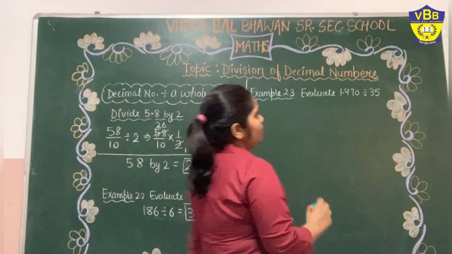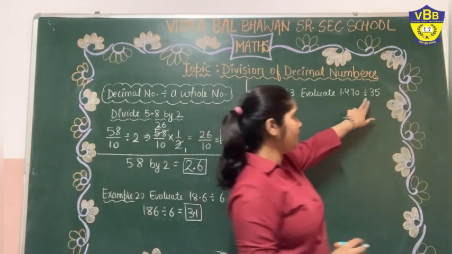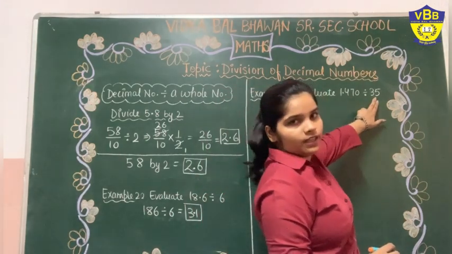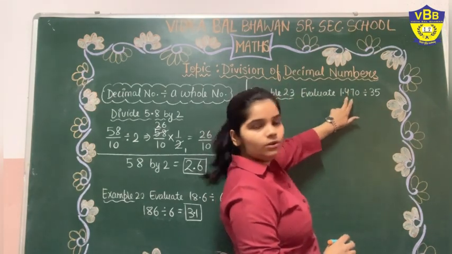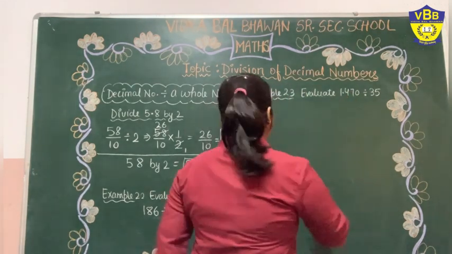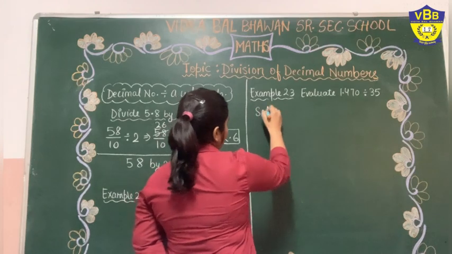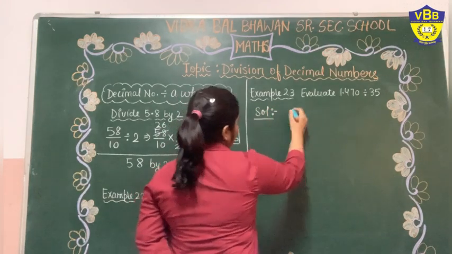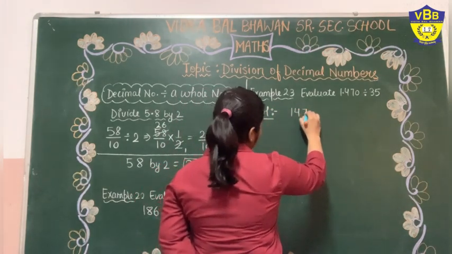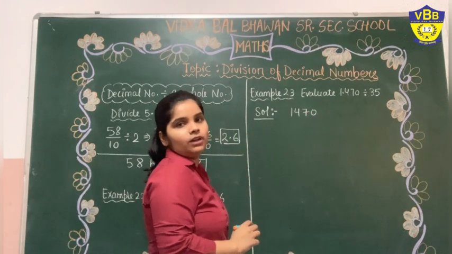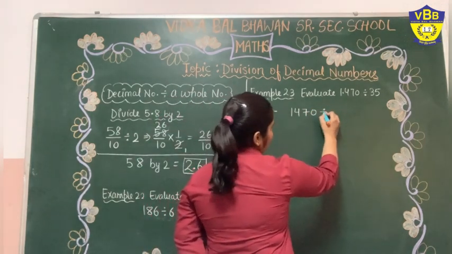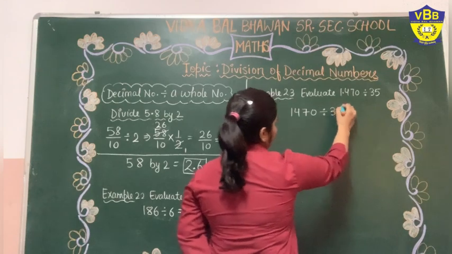Similarly here, 1.470 divided by 35. Initially ignore the decimal sign. It will become 1470 divided by 35.